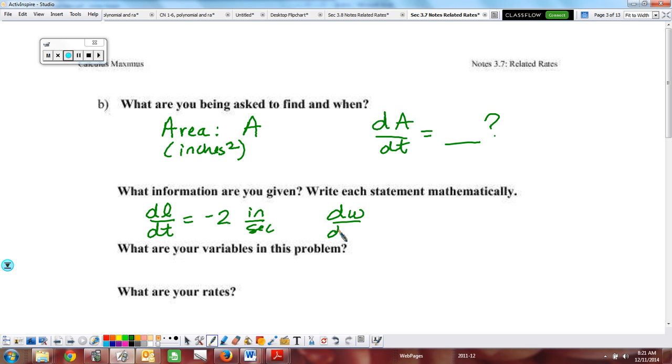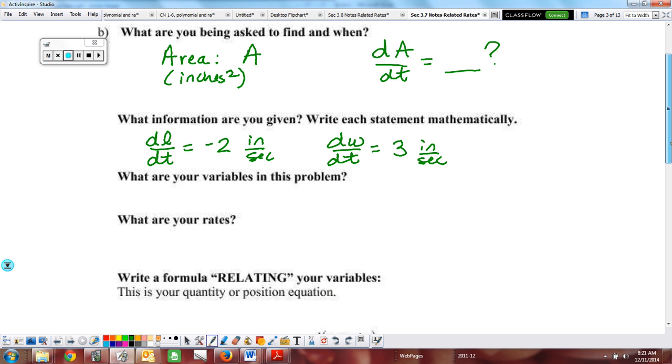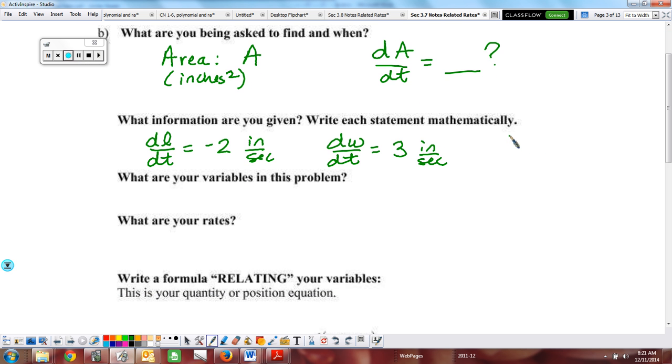Your dW/dt was 3 inches per second. Now the only difference here, in our instant, our when, L equals 10, W equals 6. Okay, so we have the same given information.